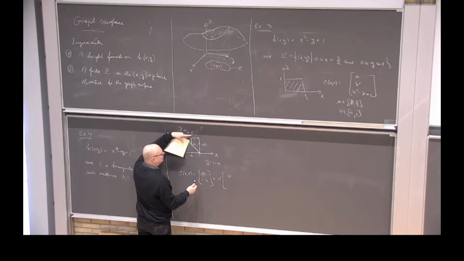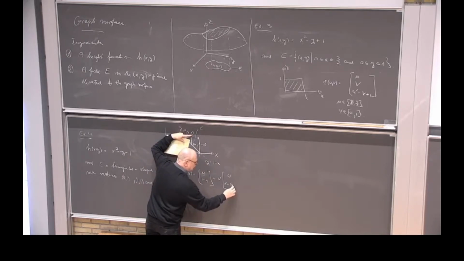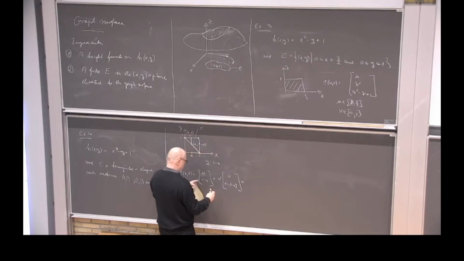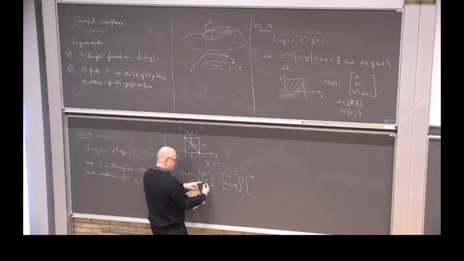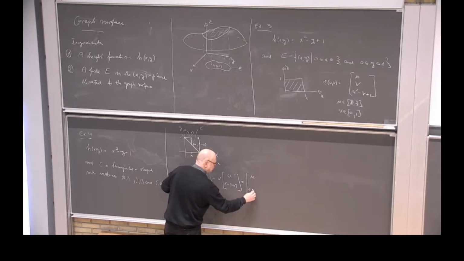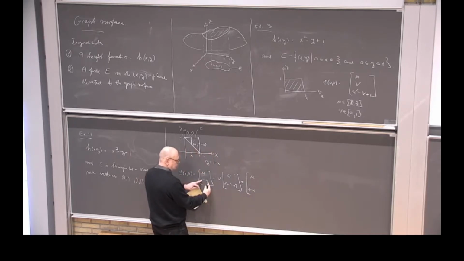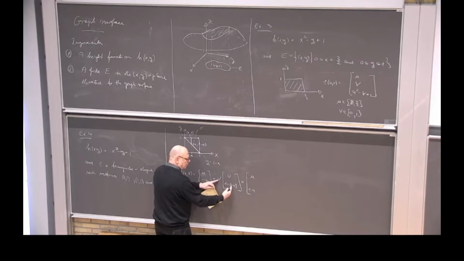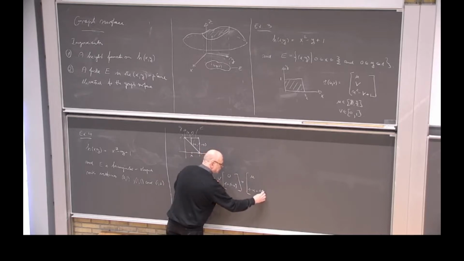The second coordinate is 1 here, and then you subtract 1 minus u, and you get, if I write it together here, v times 0 plus u, that is u, and here I get 1 minus u, and 1 minus 1 is 0, and then minus u, that is u, so I get plus uv.